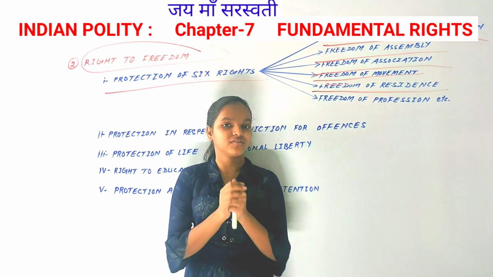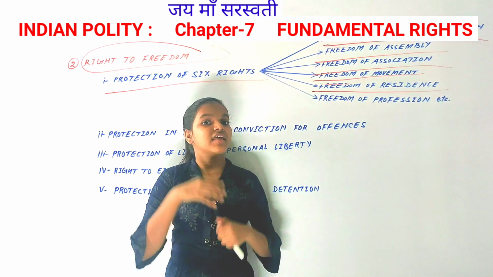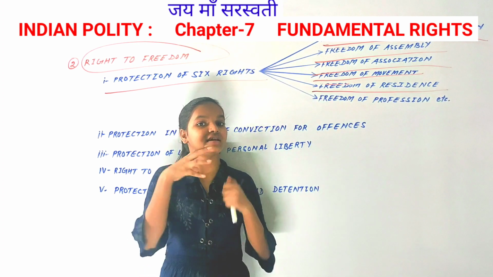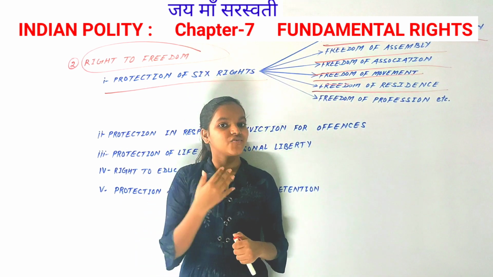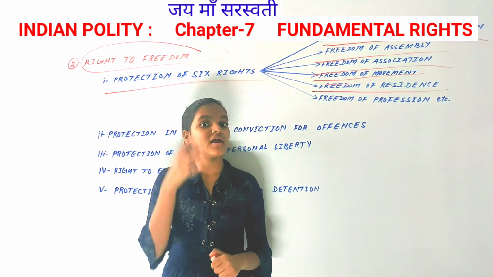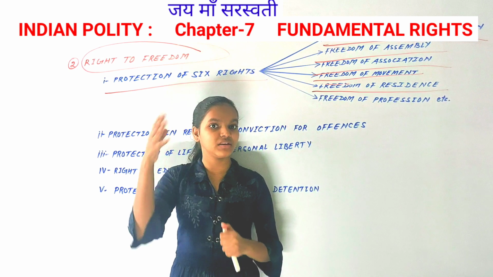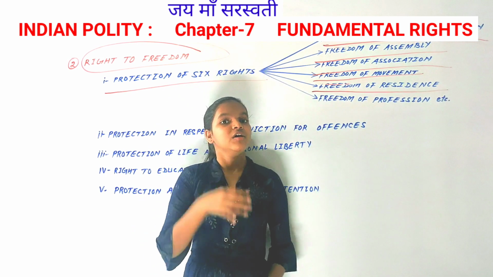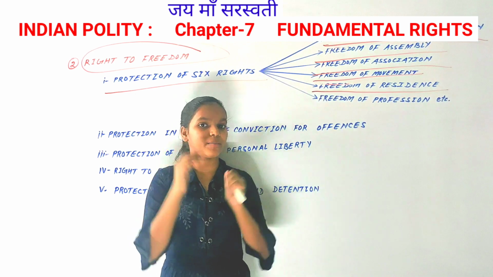According to the freedom of residence, every citizen of India has a right to reside or settle in any part of the territories of India. This includes two parts: you can settle permanently or temporarily. It depends on you whether you want to settle in that area permanently or temporarily.